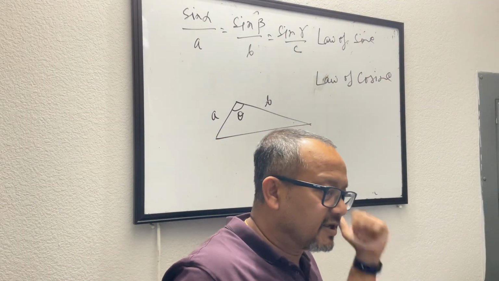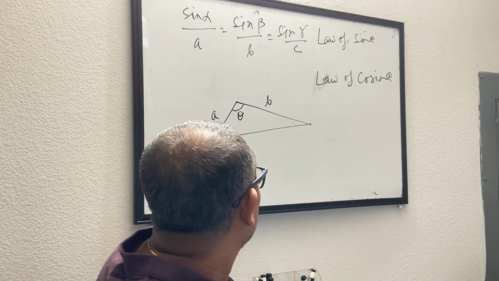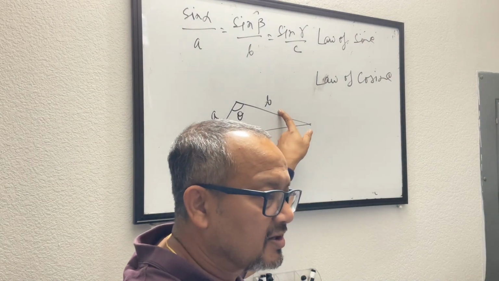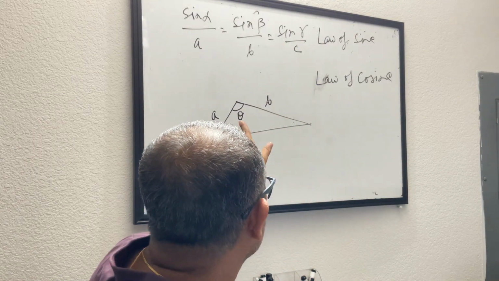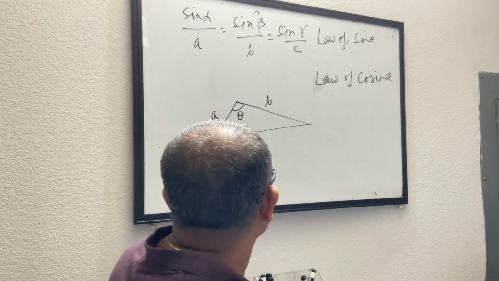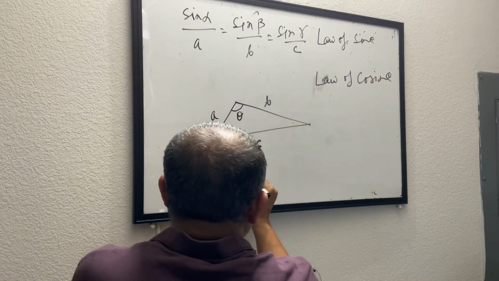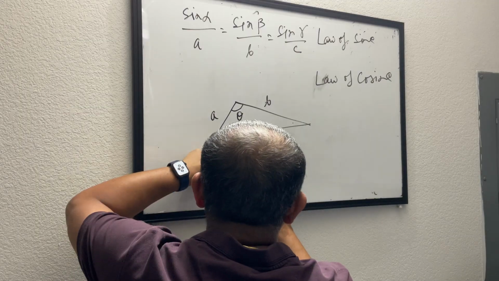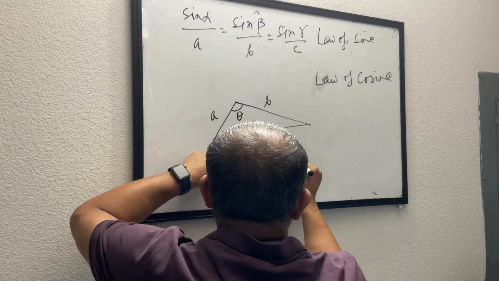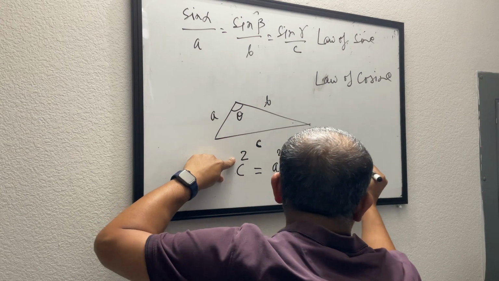If you have a triangle where this side and this side are known to you, and this is the angle theta, then this side, third side C, is related to the other two sides and the angle, which says C square, the third side which is not known to you, is equal to A square plus B square minus 2AB times cos of theta.